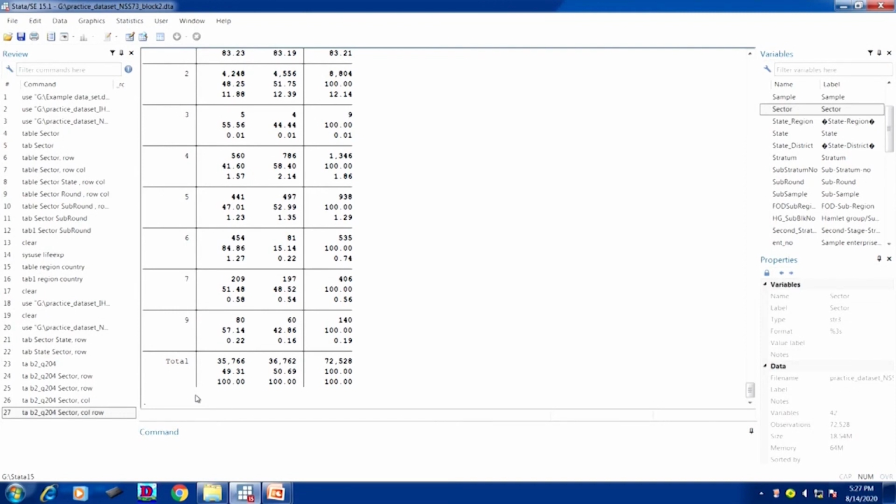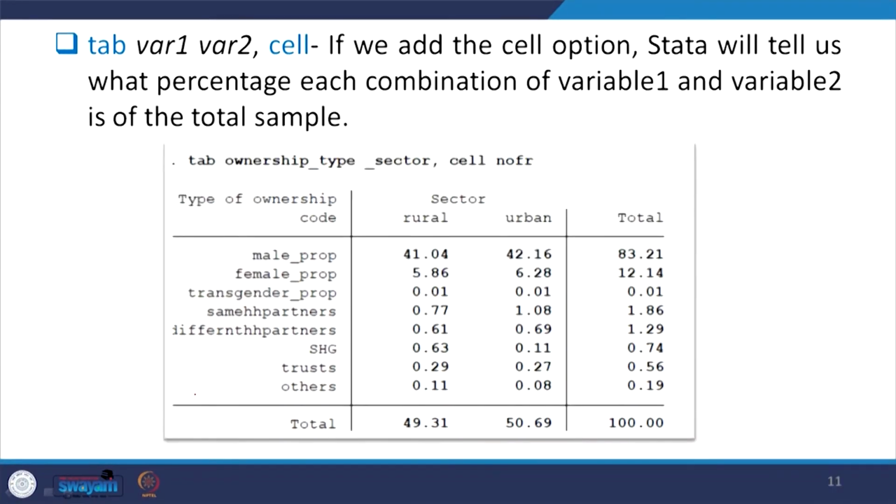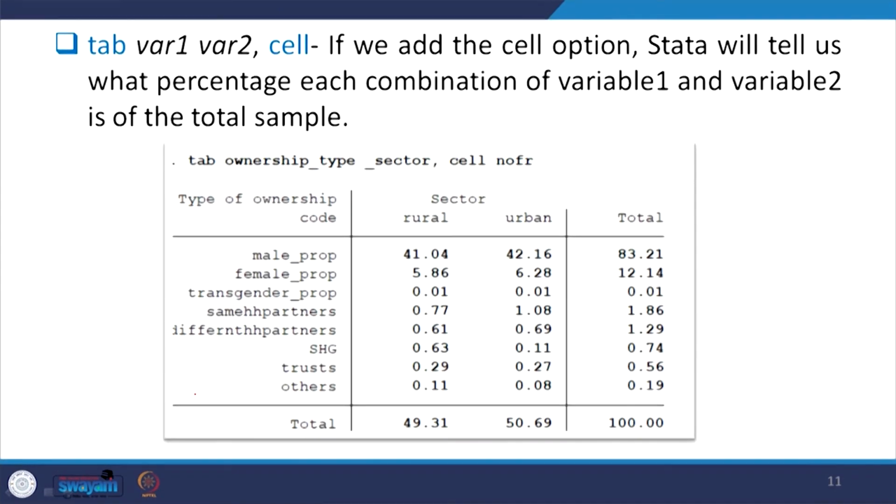Now, if you are not interested in frequencies, since it gives confusing figures also, like it is now giving frequencies, first entry is frequency, then row wise percentage, then column wise percentage. If you are only interested in percentages, you simply add NOFR. NOFR stands for no frequencies. You only want percentages. So, let me come back to the command.